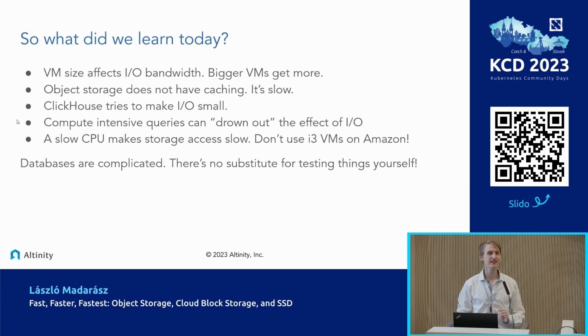The first thing is that VM size affects not only computation but also I/O bandwidth. So if you use a larger VM, you will get more throughput. The other thing is that object storage doesn't use a cache. If you want to make it faster, you need to develop a cache yourself.